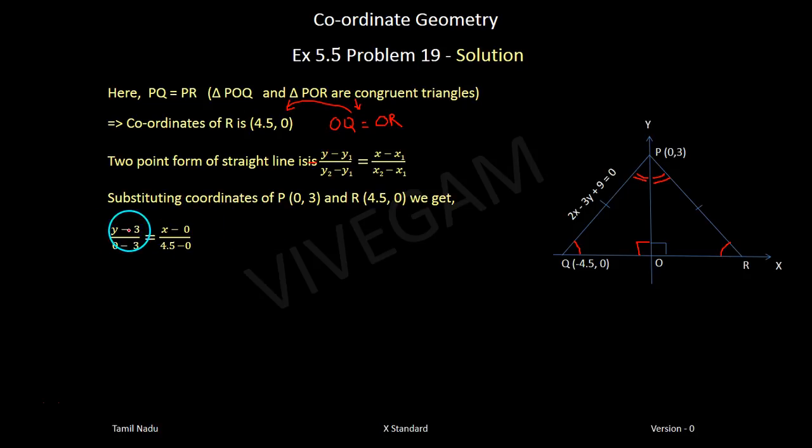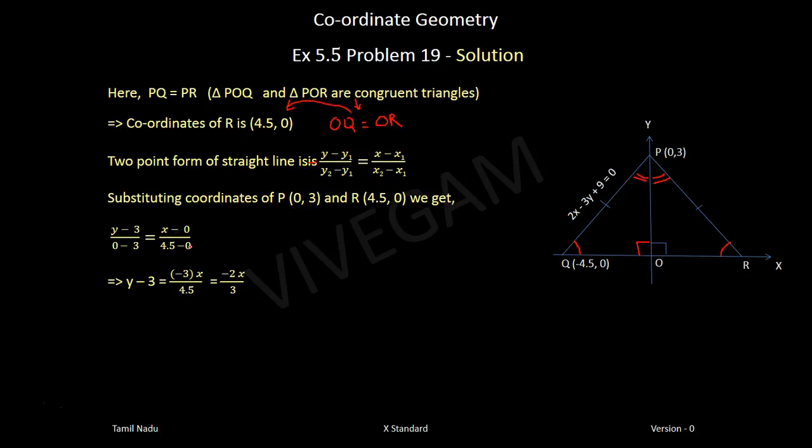It will become y minus y1, y minus 3, by y2 minus y1. y2 is this, right? So 0 minus 3, divided by x minus x1. This is x1, 0, divided by x2 minus x1. Sorry, x2 is 4.5, so 4.5 minus 0.